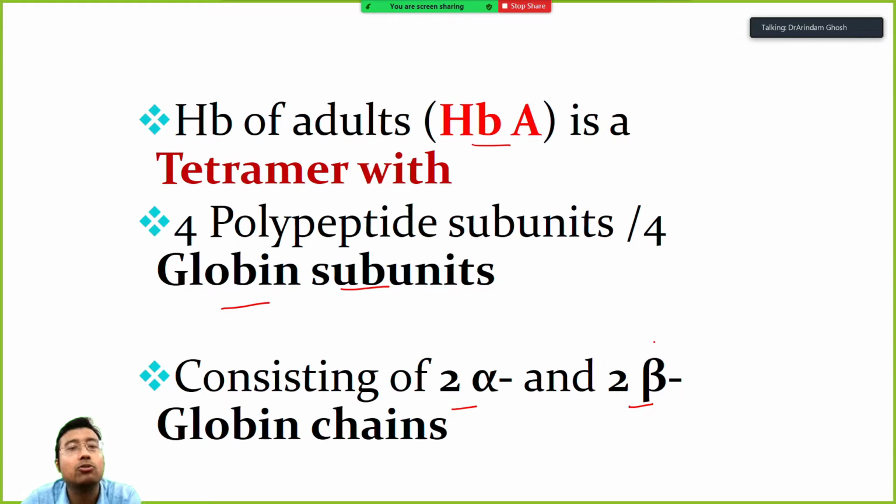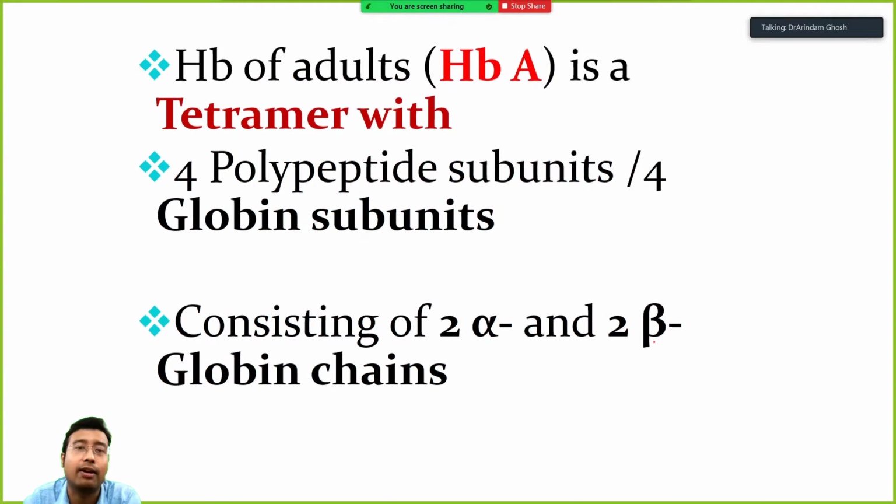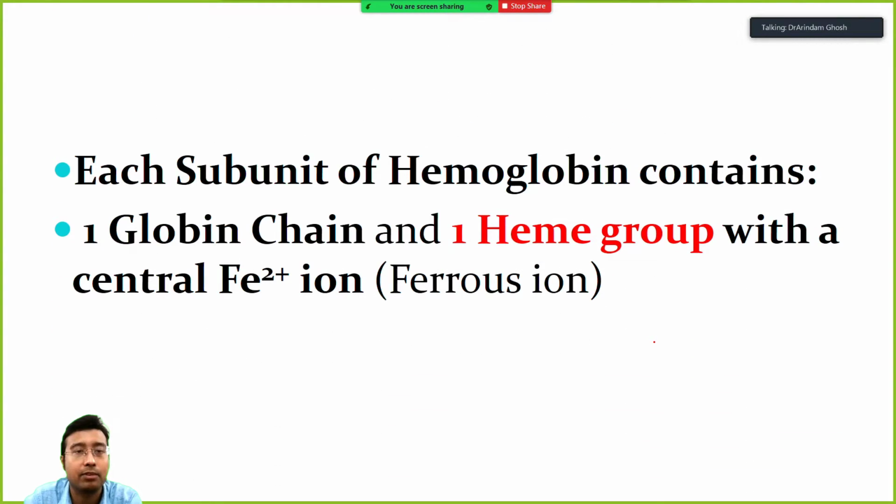You are not supposed to know this basic information, but even if you don't know, that's why I am going very slow. So remember, 4 subunits, 2 alpha and 2 beta, right. Each of these subunits of hemoglobin has got 1 globin chain and 1 heme group, with a central ferrous iron.